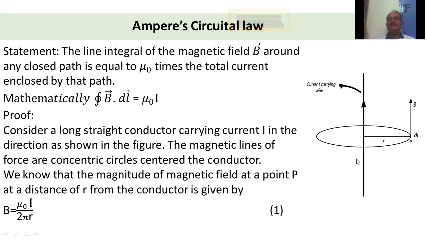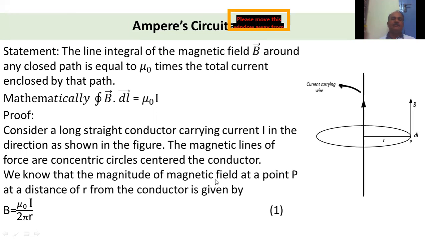So you can see here, there is a straight conductor, and here we have considered a closed path.